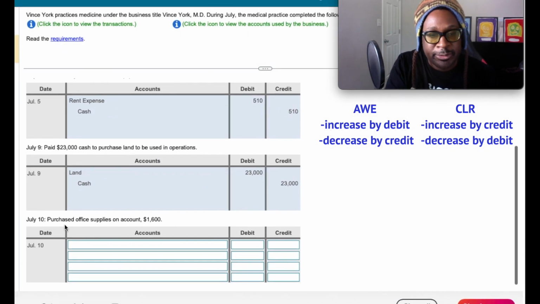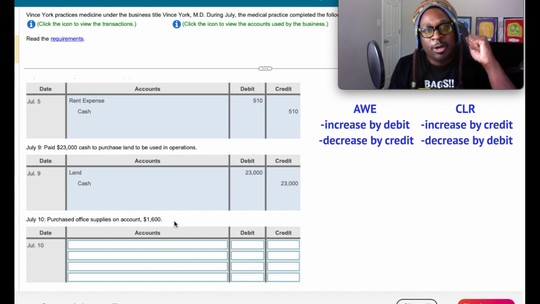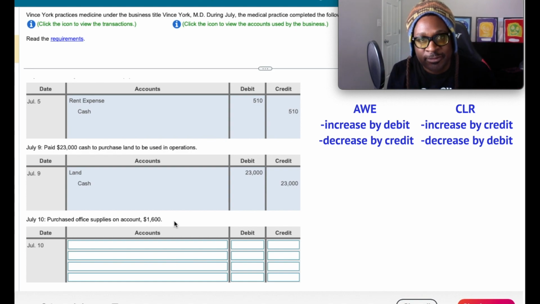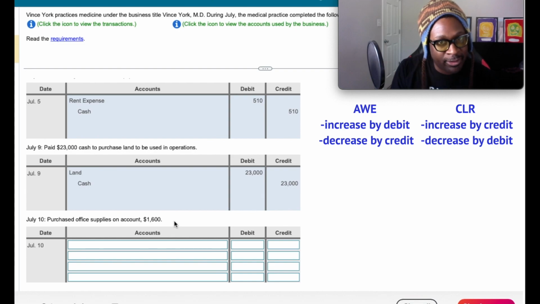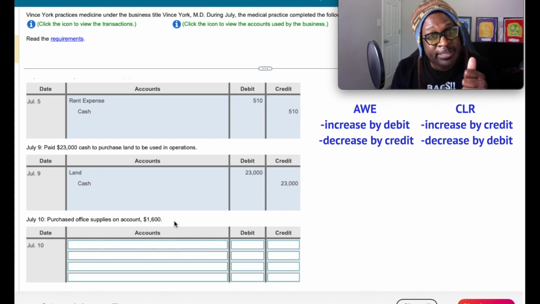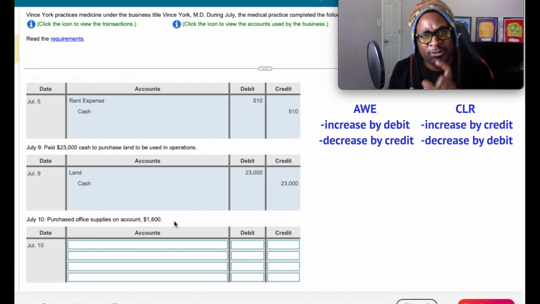Moving on. Purchase office supplies on account, 1600. Keywords, office supplies on account. Office supplies is an asset, part of the all gain. It is going up in the business, therefore we're going to increase it with a debit. Account is the keyword. Since we purchased this asset on account, we know that we've created a liability called accounts payable.